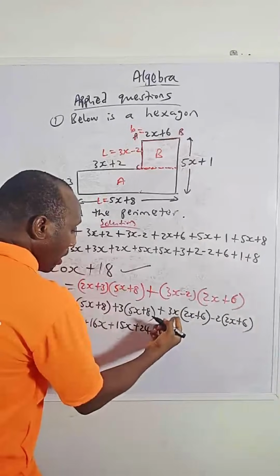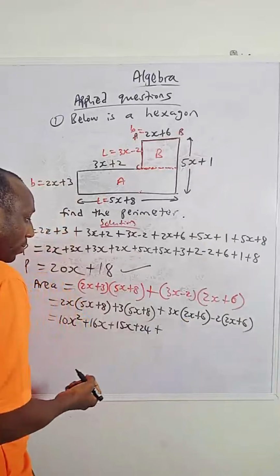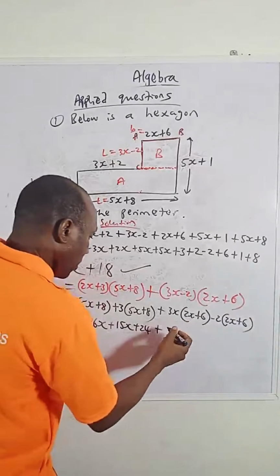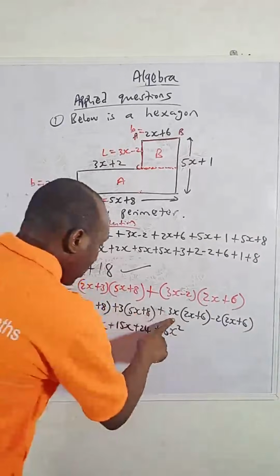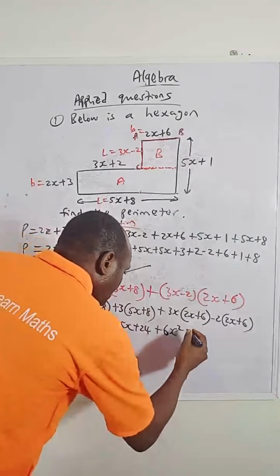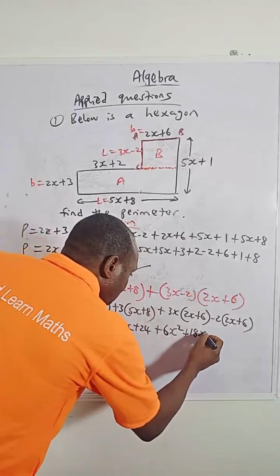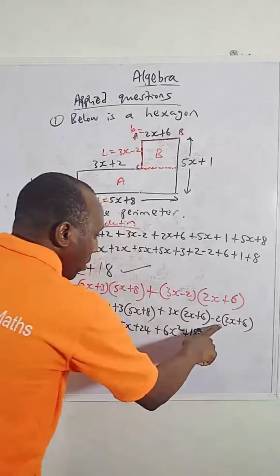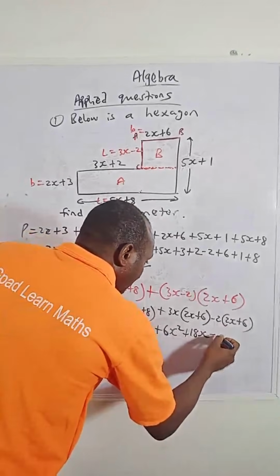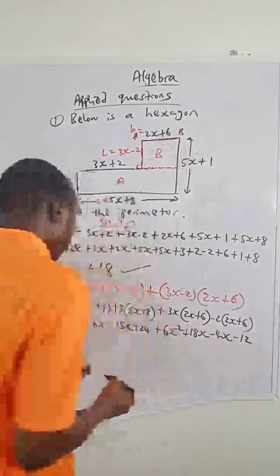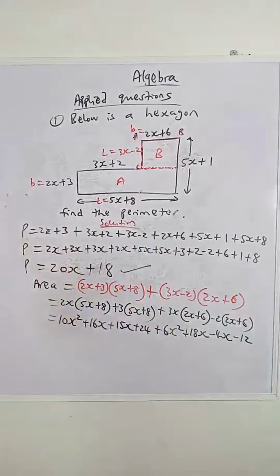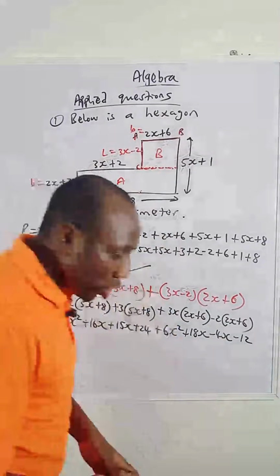Plus 3x times 2x is 6x squared, right? And then 3x times 6 is plus 18x. Then minus 2 times 2x is minus 4x. Minus 2 times 6 is minus 12. Beautiful.